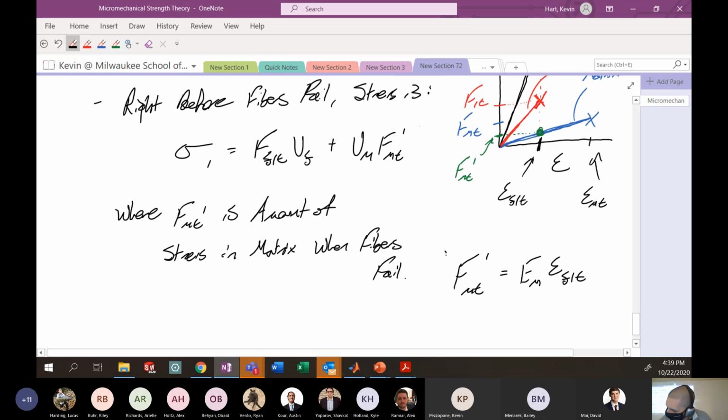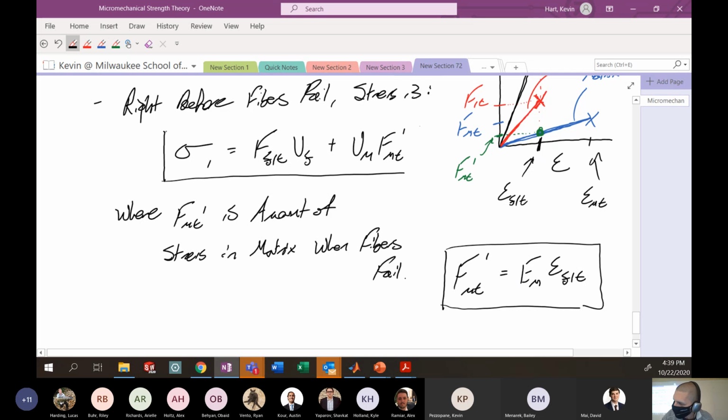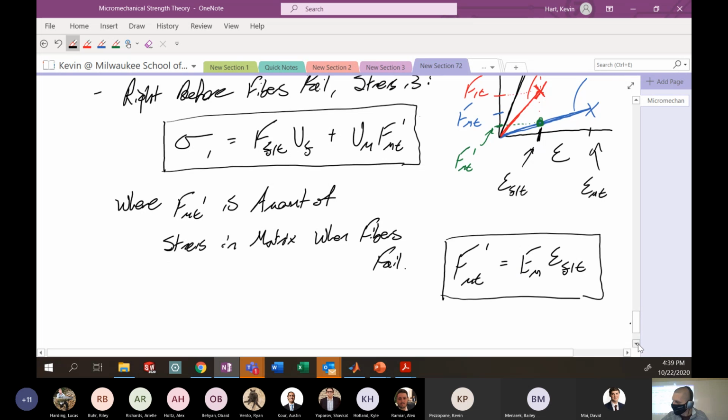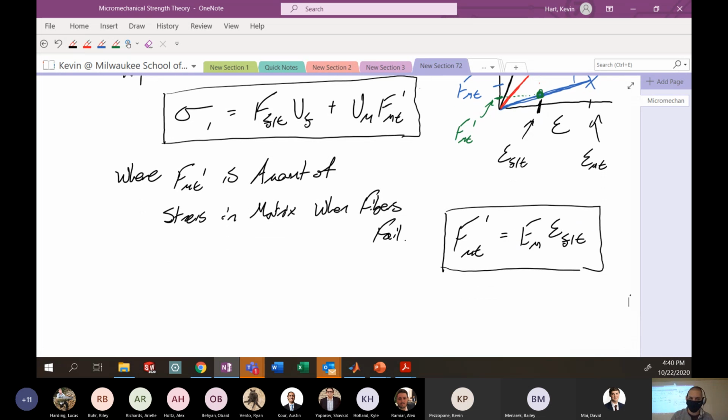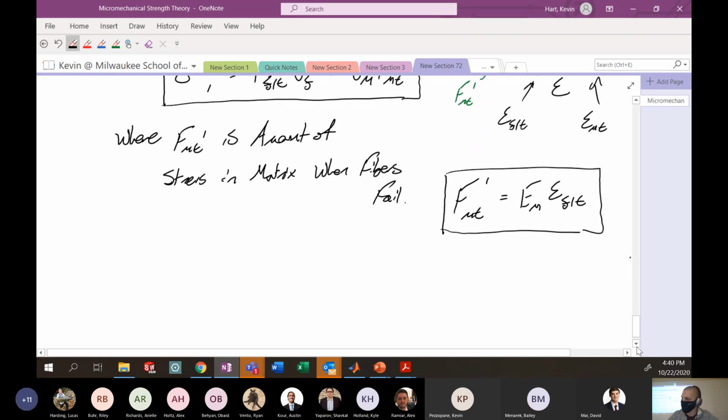So this is an important value here. All right. So right before failure, this is our stress. Okay. So right before failure, that's our stress value.